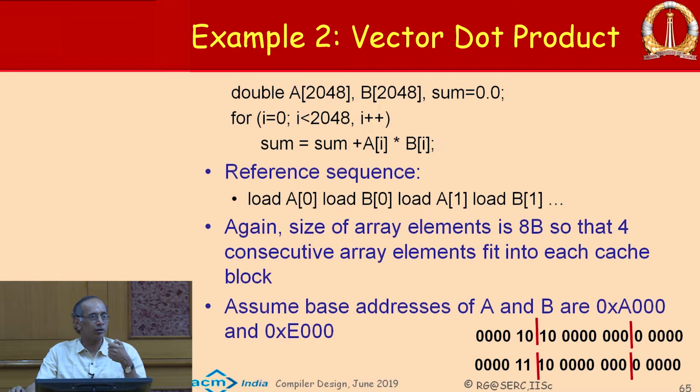Same cache block 0, which means your A was replaced. Then when you try to access A of 1 again, that data will not be there, you will have a miss. This miss is a conflict miss, because this data was replaced because something else was mapping to the same cache location.